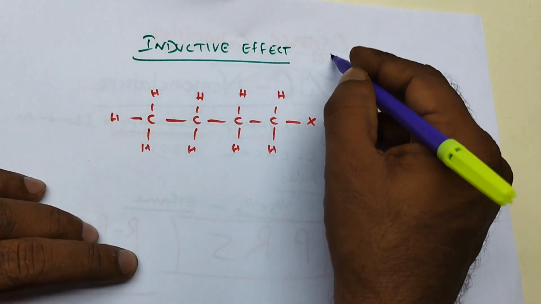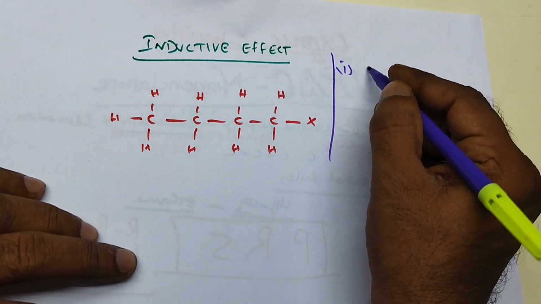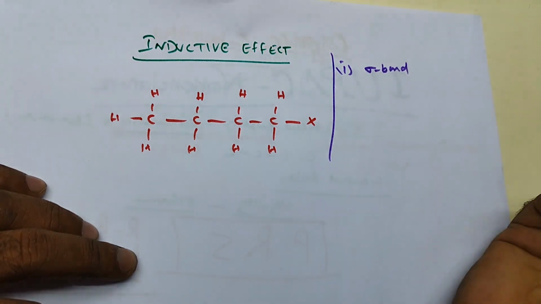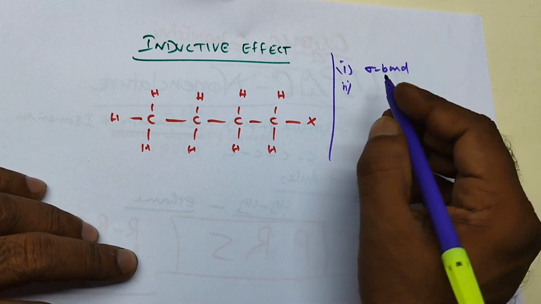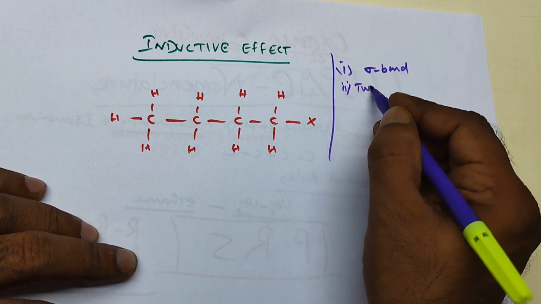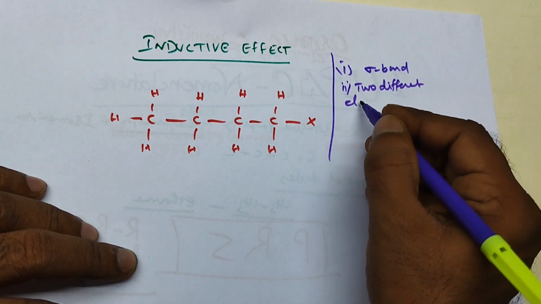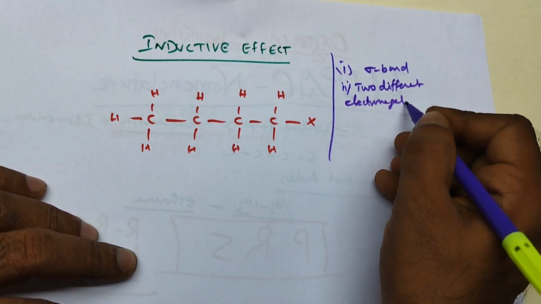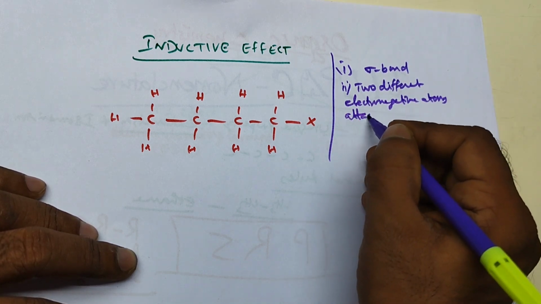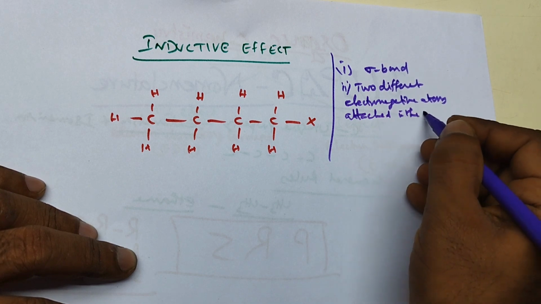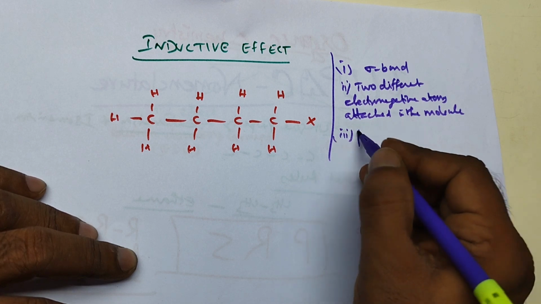One, it must have a sigma bond, and secondly, two different electronegative atoms attached in the molecule, and it is a permanent effect.